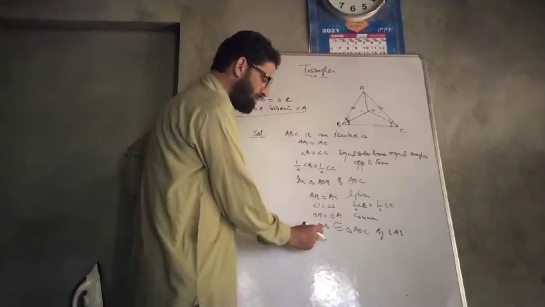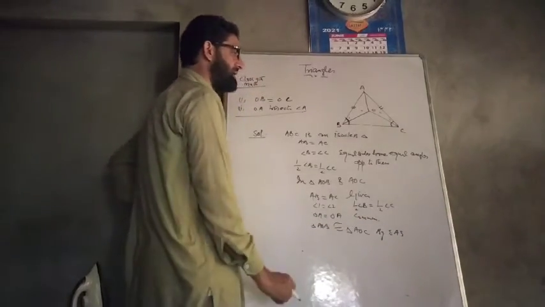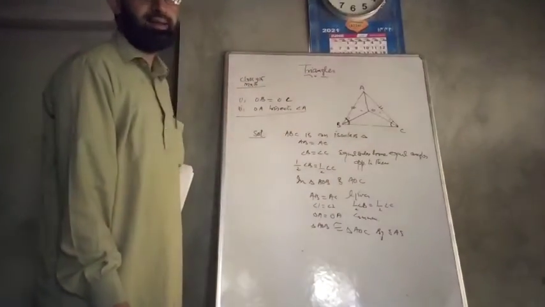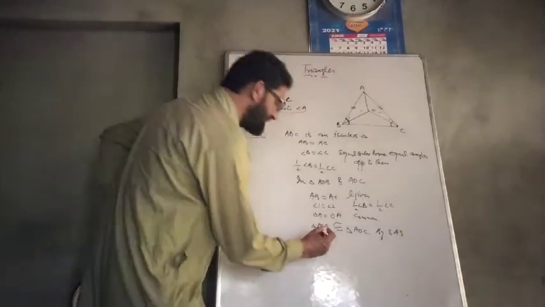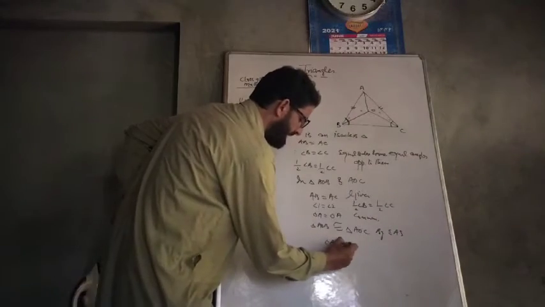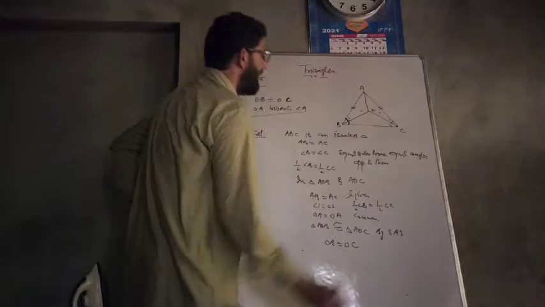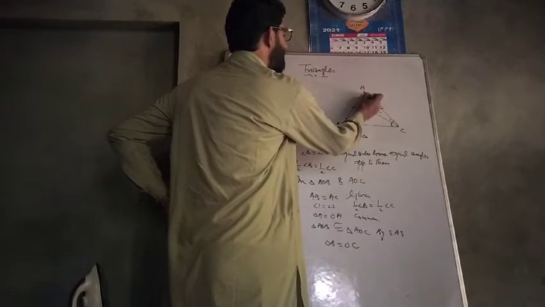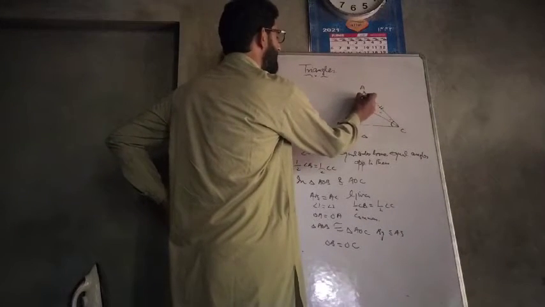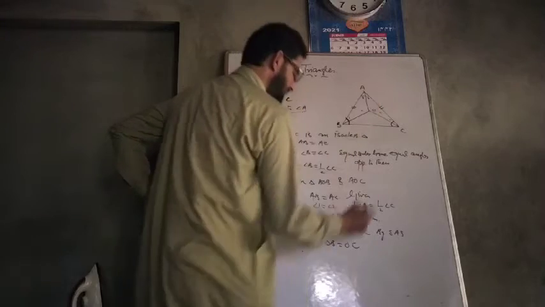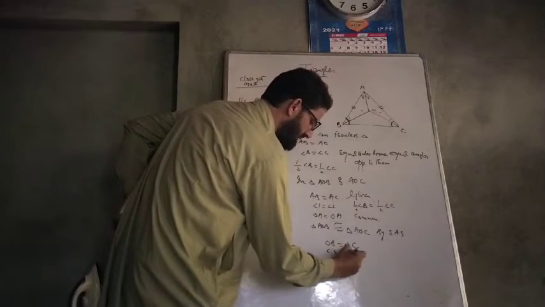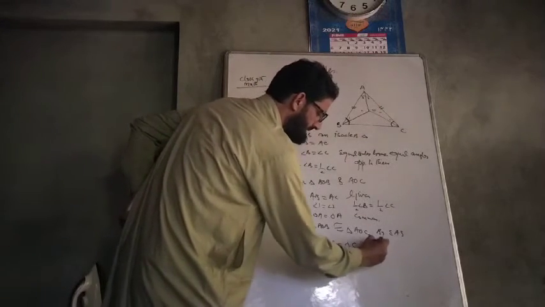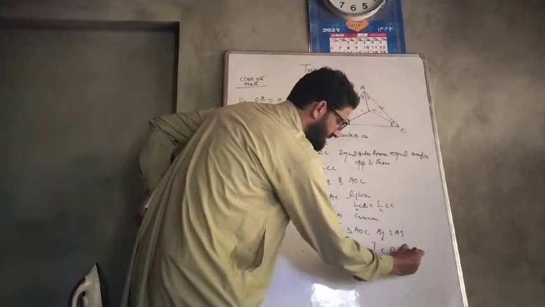So triangle AOB is congruent to triangle AOC, and when two triangles are congruent, by CPCT OB is equal to OC. Also this angle, we can name it angle 3, is equal to angle 4. Angle 3 is equal to angle 4 by CPCT.